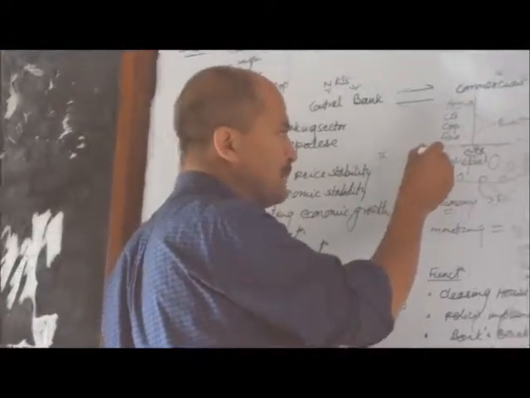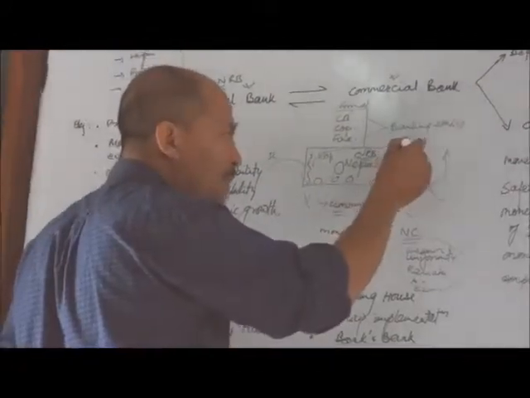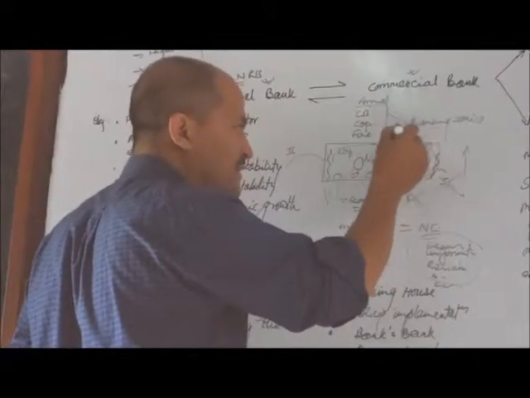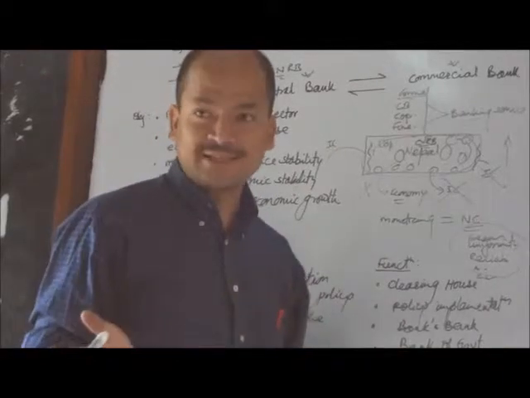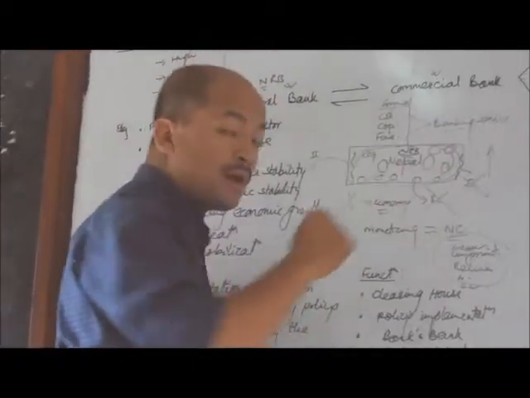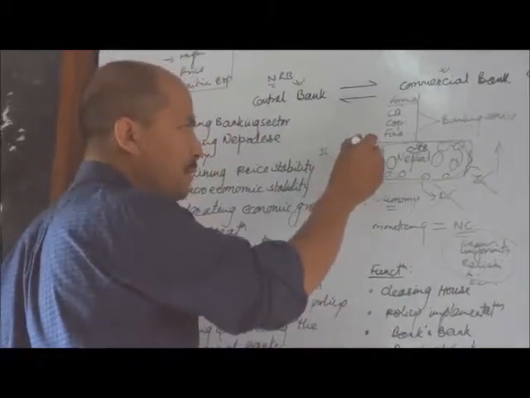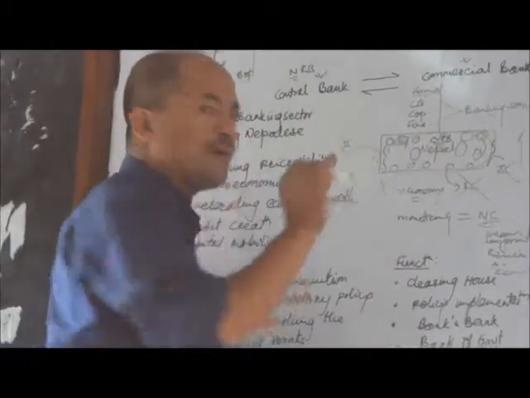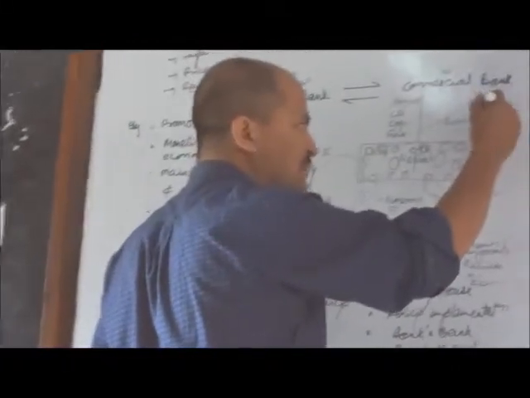It means even the remote people must get the banking service. The people of the Himalayan and other places, all people should get banking facilities. It means Nepal Rastra Bank has to bring policies to establish commercial banks all over the country, first of all to provide banking service.